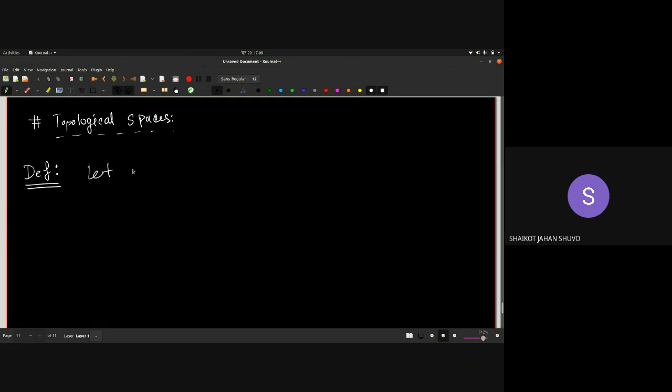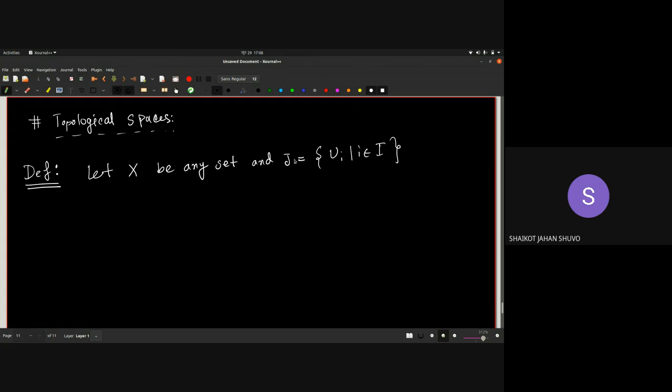Let X be any set, and let's call some tau, which is defined as some U_i. I'll explain this U_i in a bit. These are also called index sets.